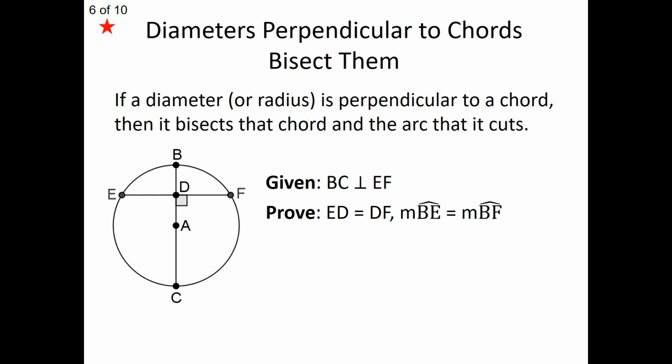We're actually going to prove two things about this relationship between the non-diameter chord and the diameter BC. We're first going to prove that it bisects that chord. In other words, that the length of ED is equal to the length of DF. So essentially, we can prove that D is the midpoint of that chord.